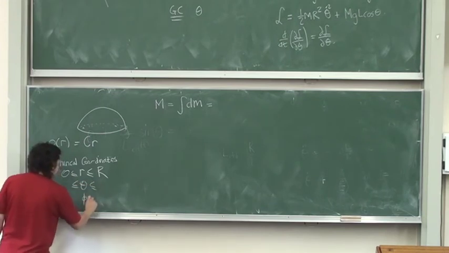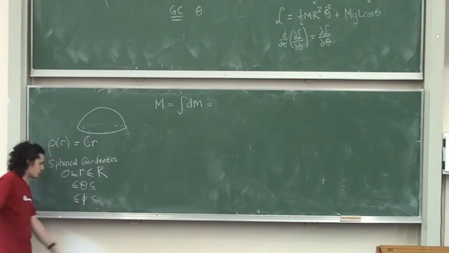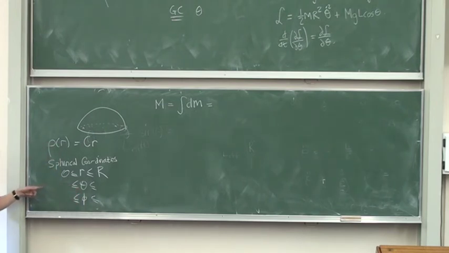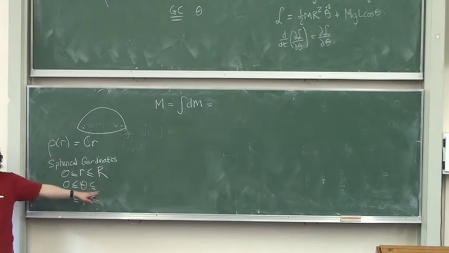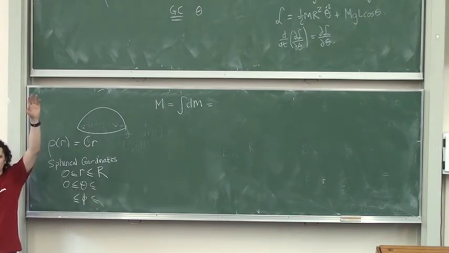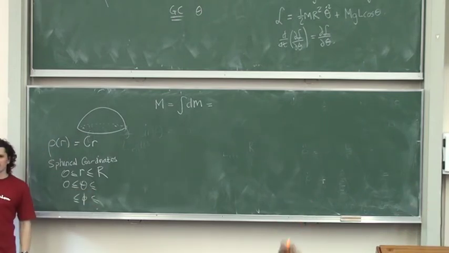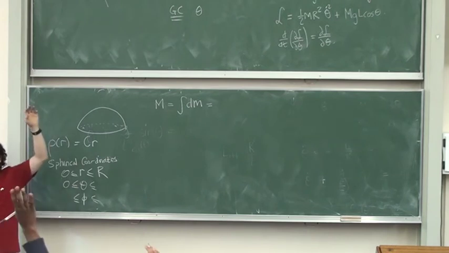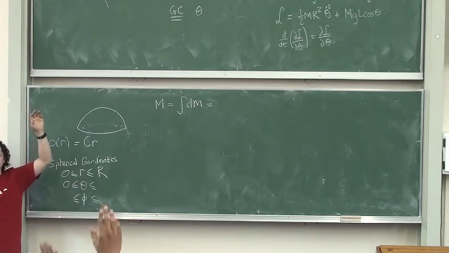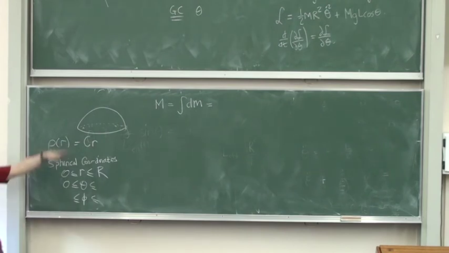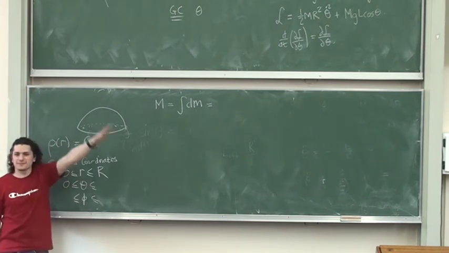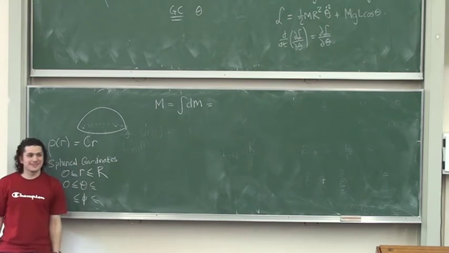What about phi? So theta? I've heard pi and I've heard 2 pi. I've heard some pi over 2. So who says 2 pi? Who says pi? Who says pi over 2? Oh, we have quite an argument here. What is theta? Theta is the angle from the top down.